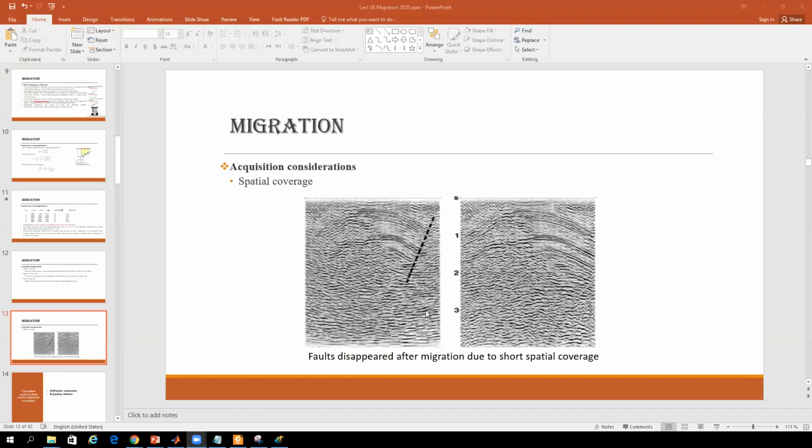They can be migration paths for hydrocarbons, they can also form structural traps in front of them, and we can find hydrocarbons accumulating there. But by doing the migration, all these will be out of our image.